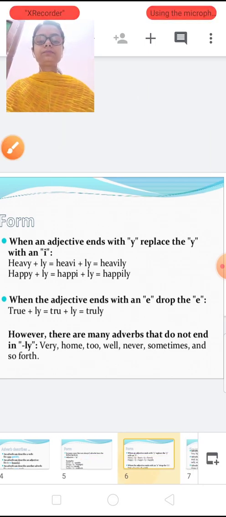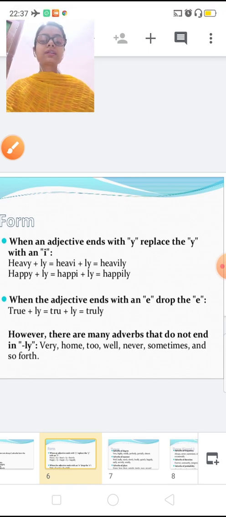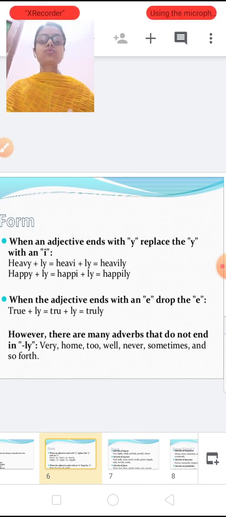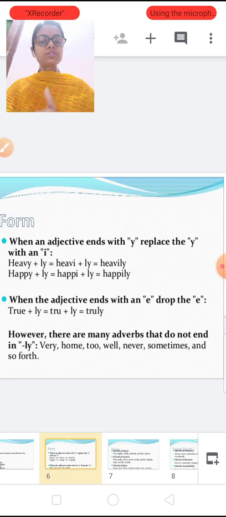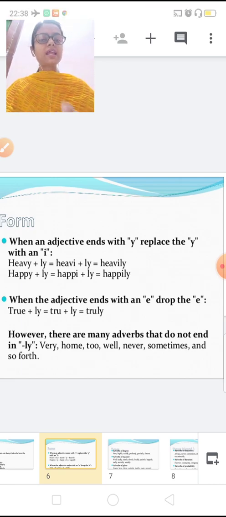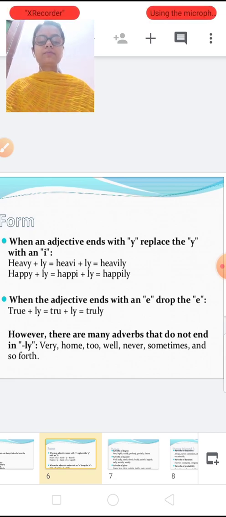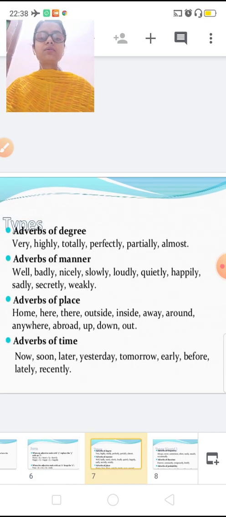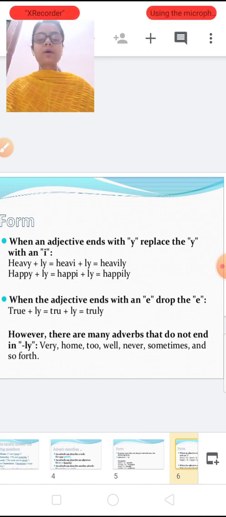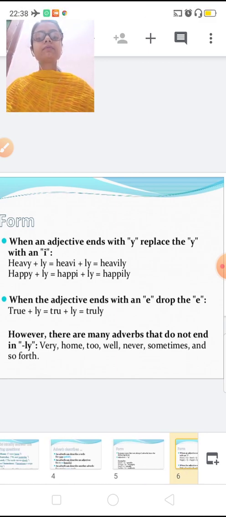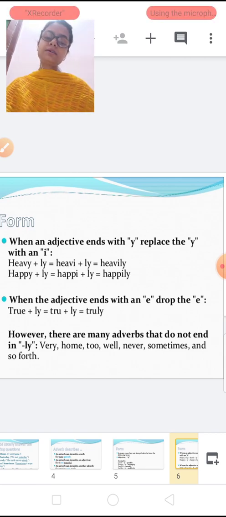So here, as I told you, firstly I told you how to add ly, then you have to substitute y with i, then add ly, then you have to remove e and add ly. So these three were the forms of the adverb, how to form an adverb with the help of an adjective.